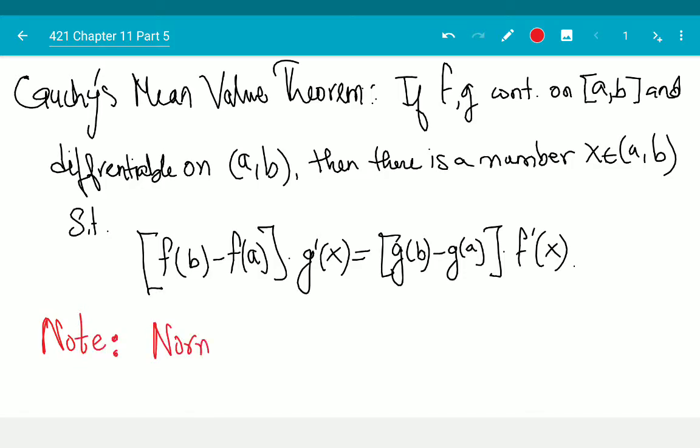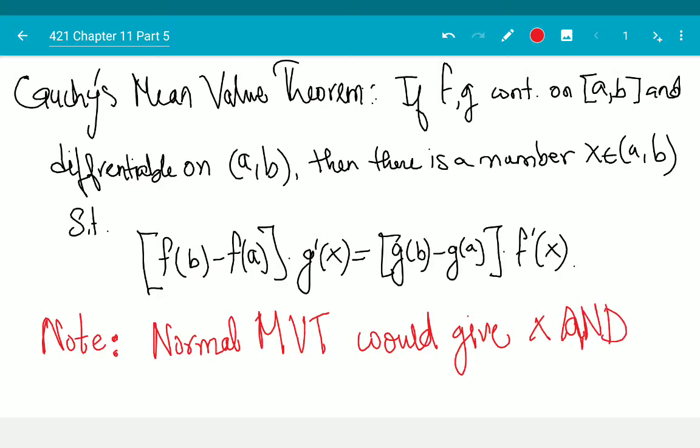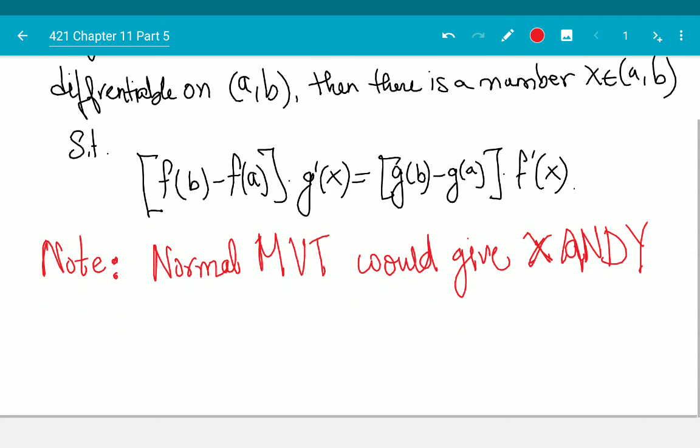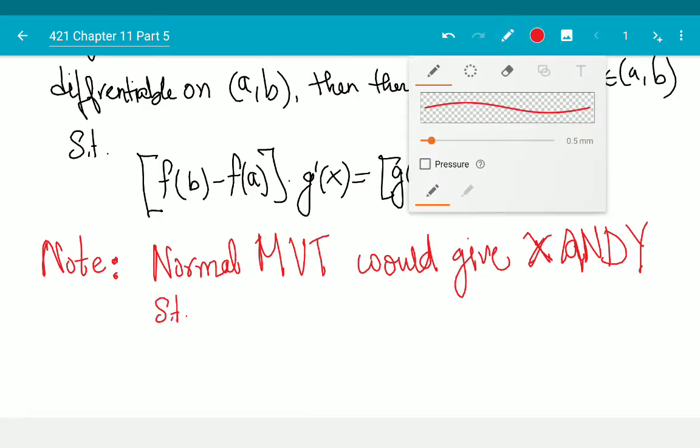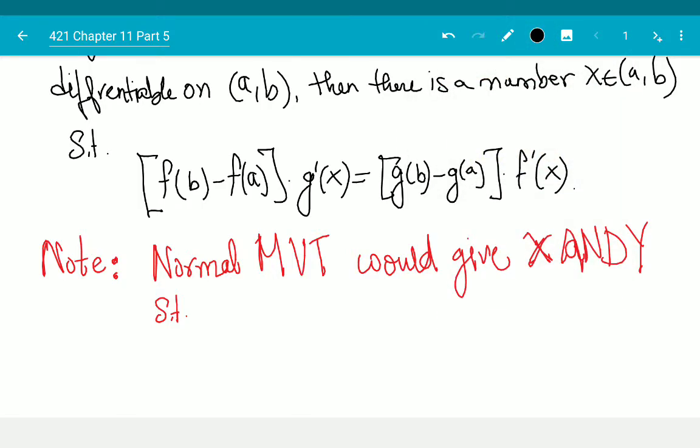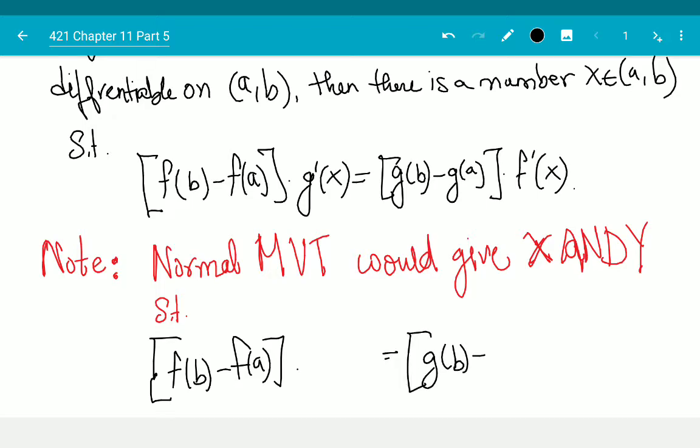The normal mean value theorem would give x and y, different numbers, such that, let me change my colors, f(b) minus f(a) multiplied by something is equal to g(b) minus g(a) multiplied by, this would be g prime of x, but this would be f prime of y, right?